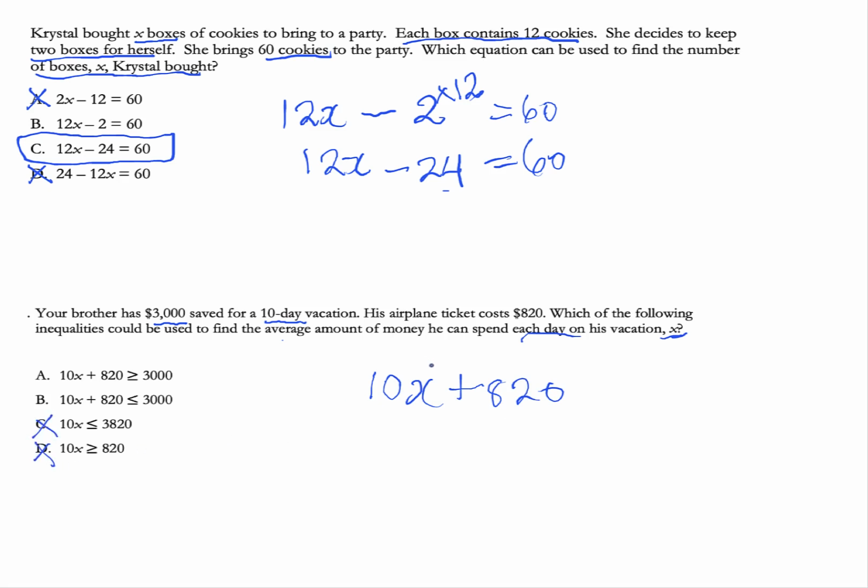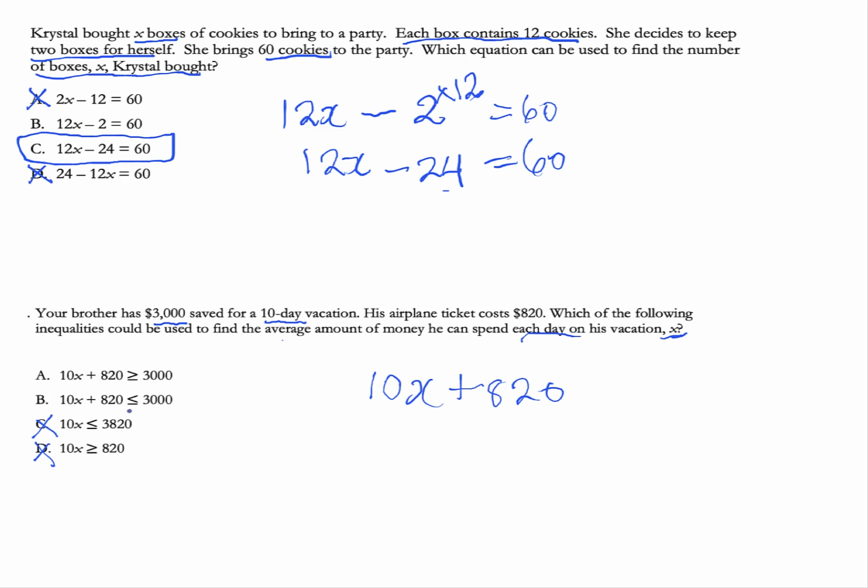Now, to get the correct answer, we have to choose the correct inequality. Would it be greater than or equals, or would it be less than or equals? Remember, your brother saved $3,000. That's all the money he has to spend. That is the maximum amount of money.